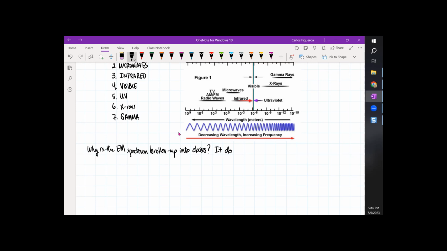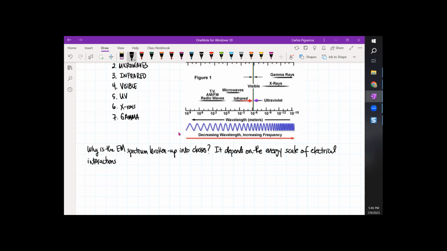It depends on the energy scale of electrical interactions.